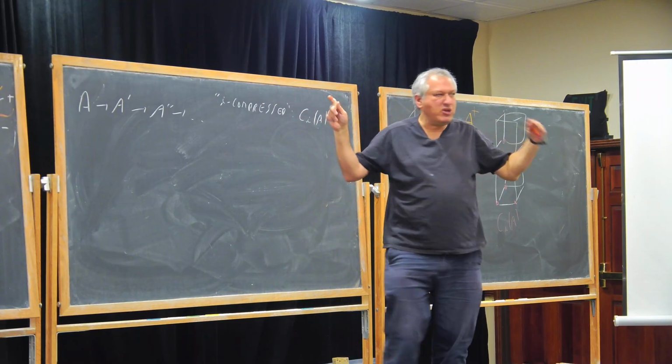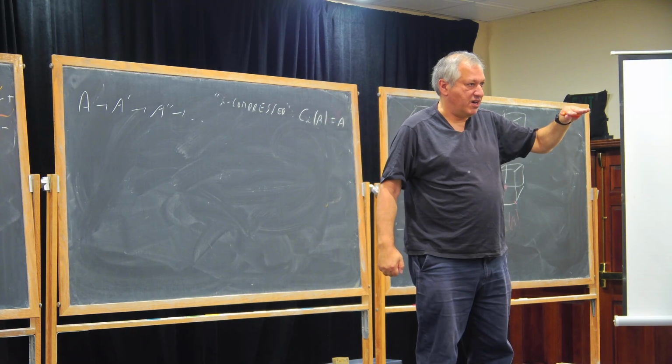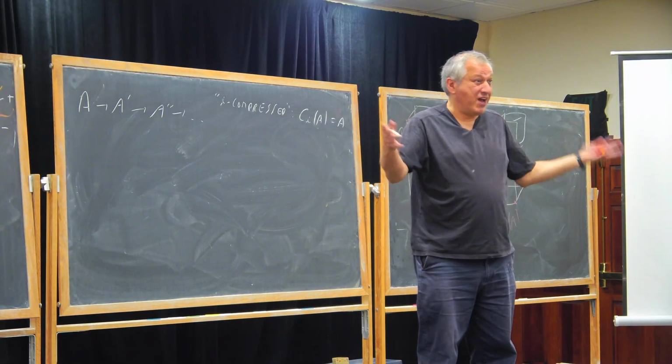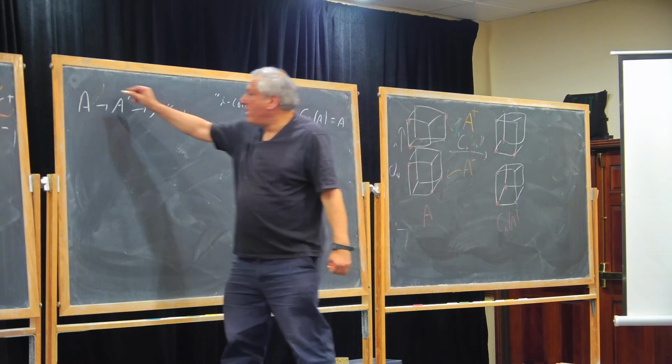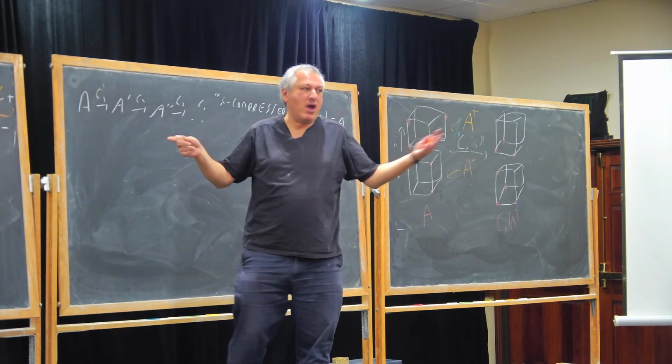I-compressed literally means your upstairs half is an initial segment, and so is your downstairs half. So if you do an i-compression, then you get i-compressed. So you keep applying compressions: C1, C2, C3, back to C1, just keep going.